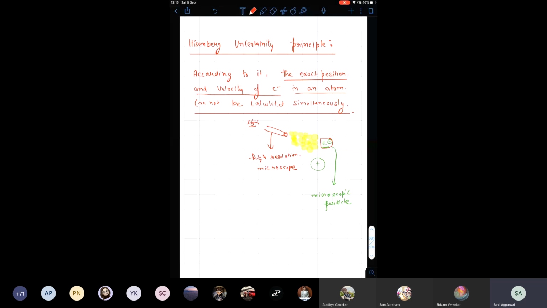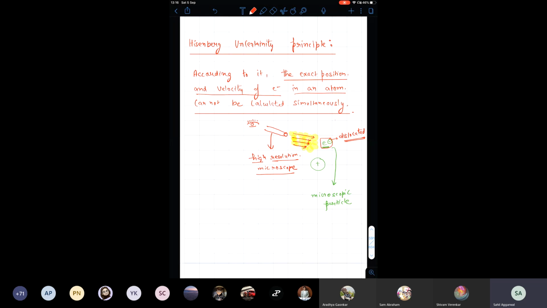So if you want to find out the exact position of the electron, you have to use a high resolution microscope. But the energy that you are passing will be taken up by the electron, and it will get dislocated. If you do not use this microscope, you won't be able to see it.